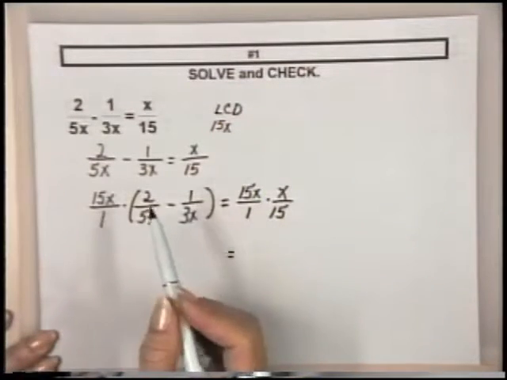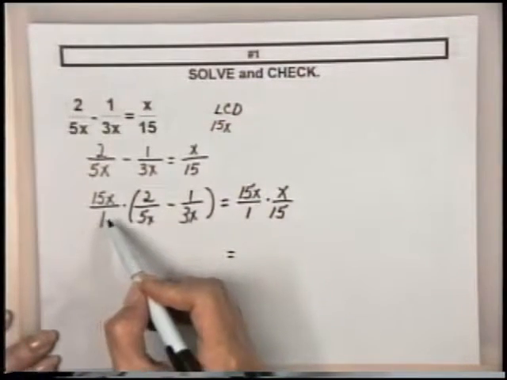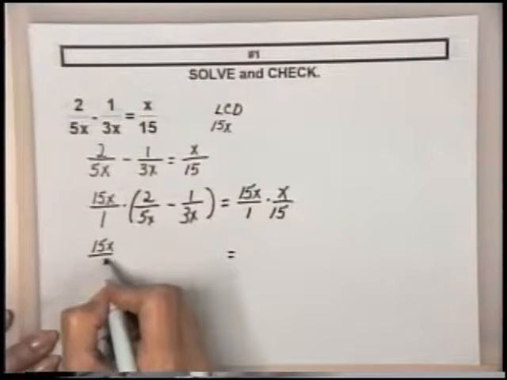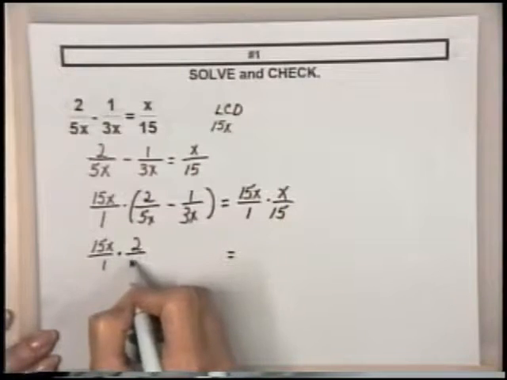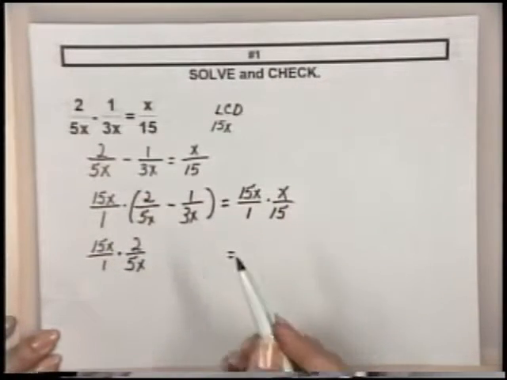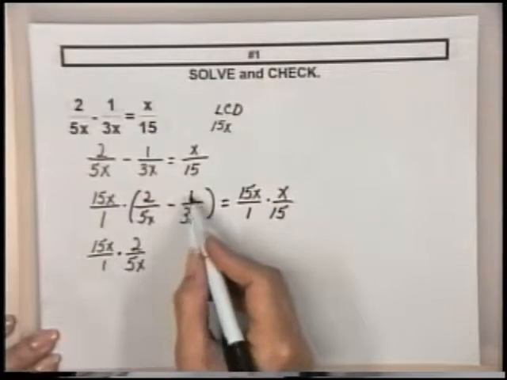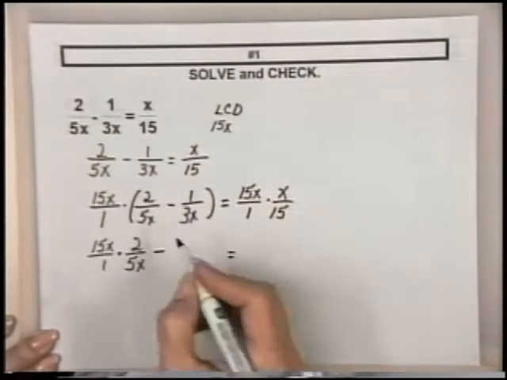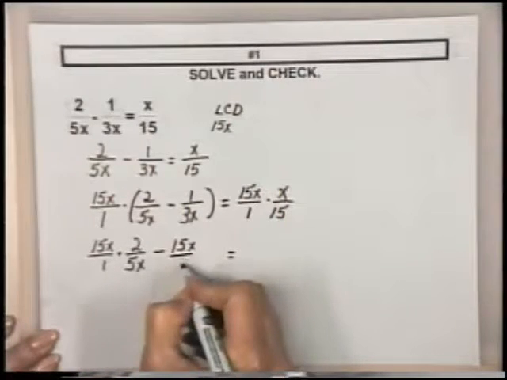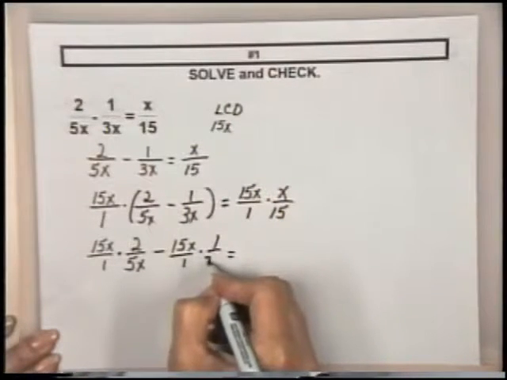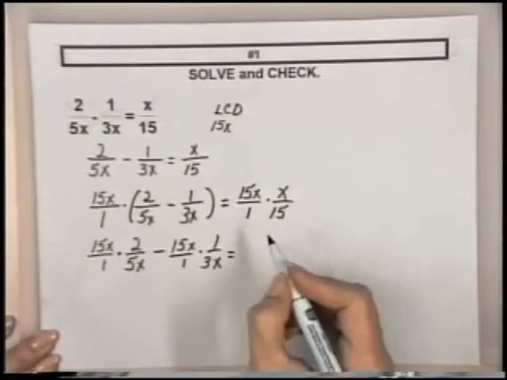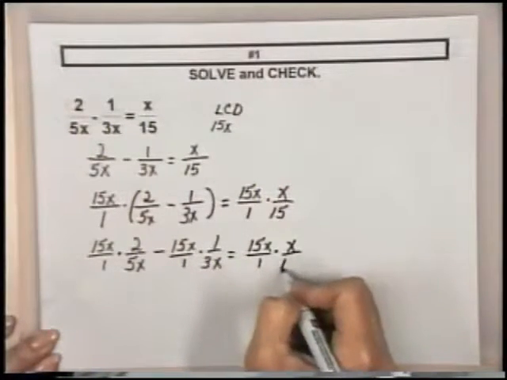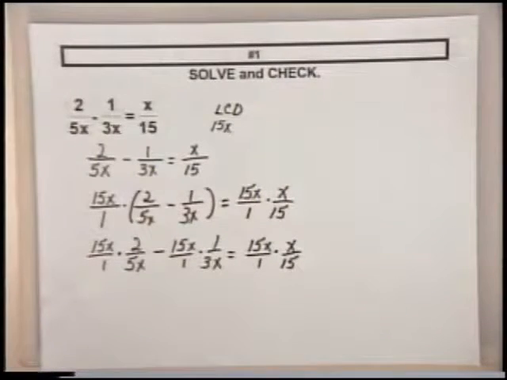Now on the left, I need to multiply my 15x by each of these terms in parentheses. So I will write 15x over 1 times 2 over 5x. When I multiply my 15x times the minus 1 over 3x, a positive times a negative gives me a negative, and I will write my 15x over 1 times 1 over 3x. I will write the other side, 15x over 1 times x over 15.